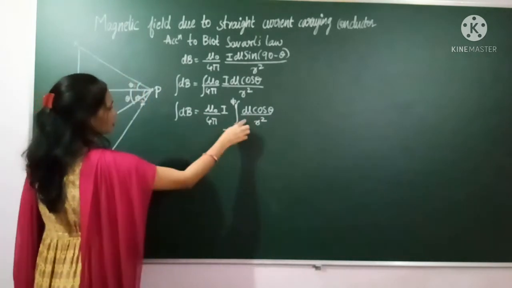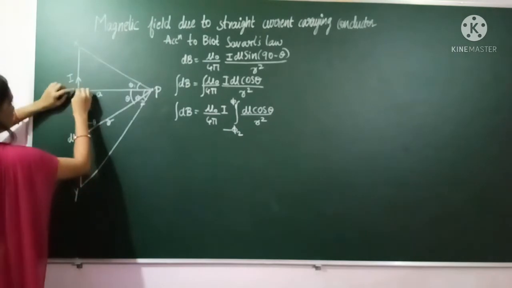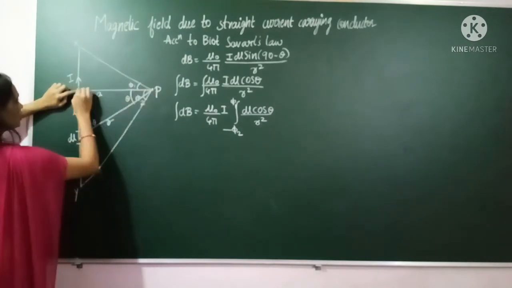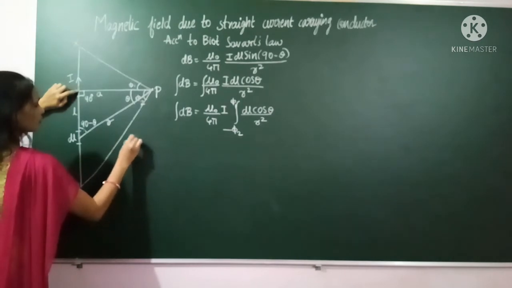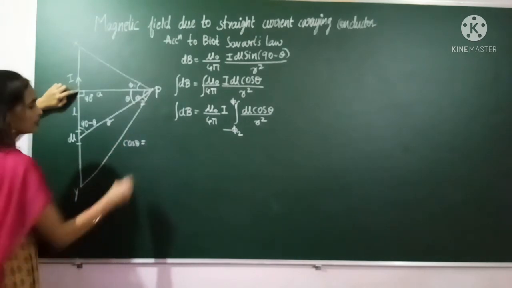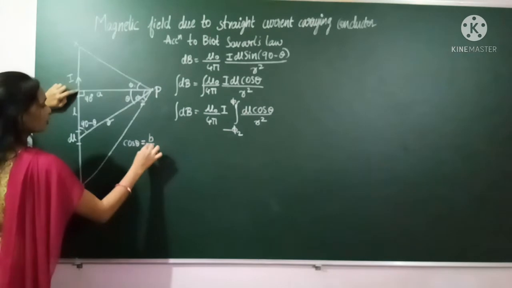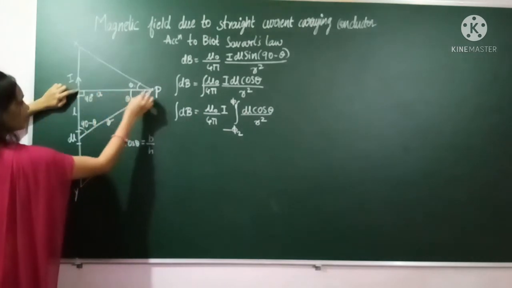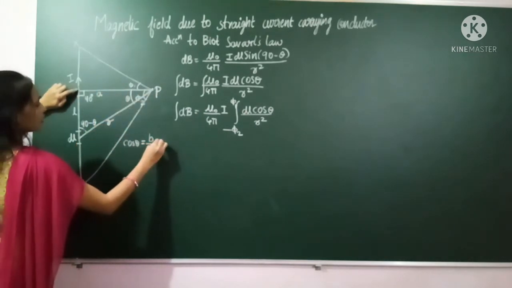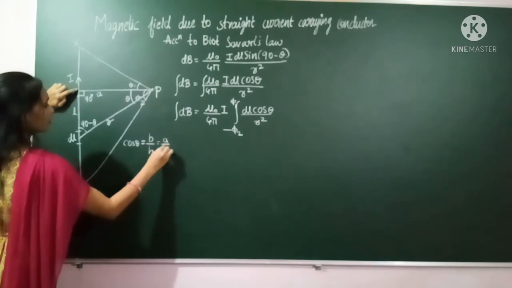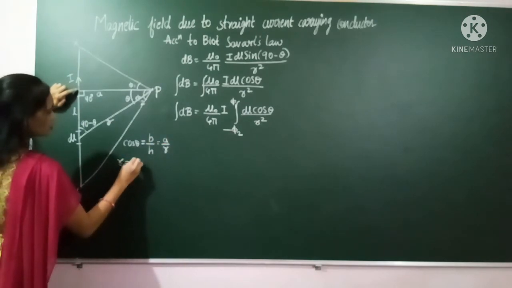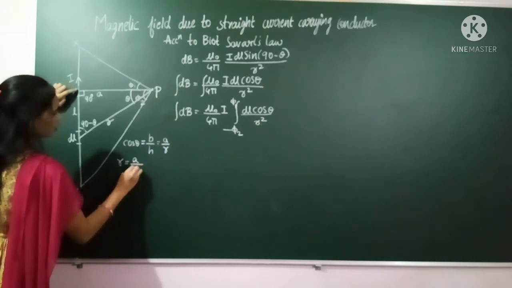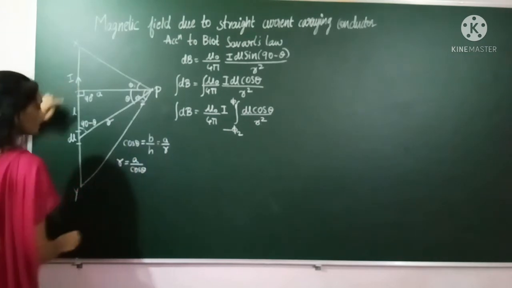So for that we will consider this triangle. In this triangle, cos theta can be written as base divided by hypotenuse. Base is a and hypotenuse is r, so we will write it as a divided by r. So r is equal to a divided by cos theta.